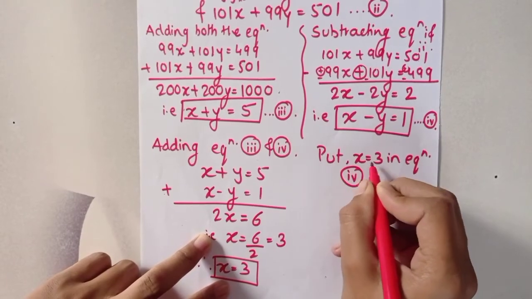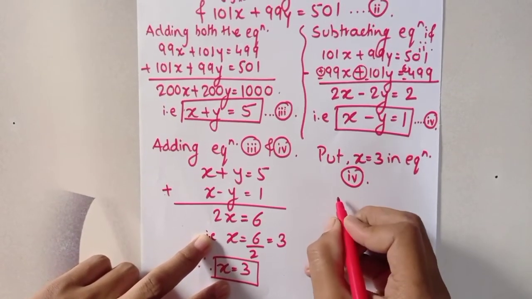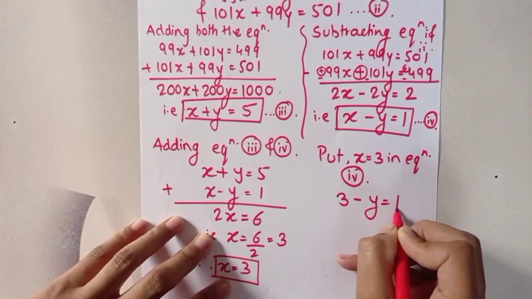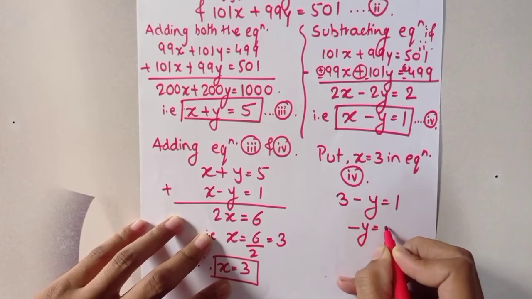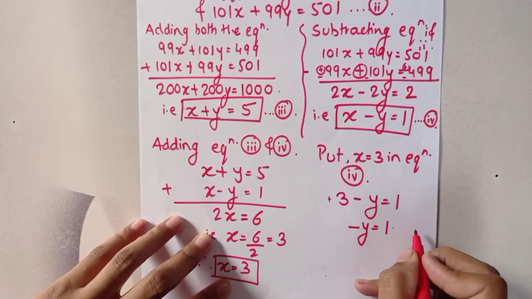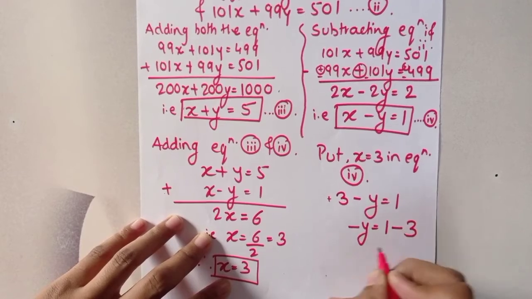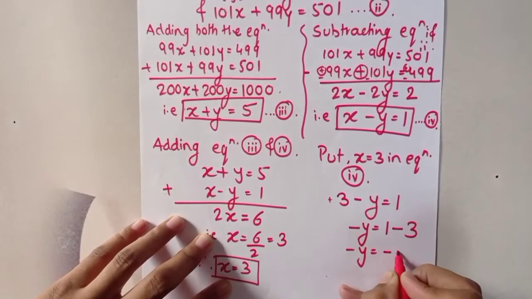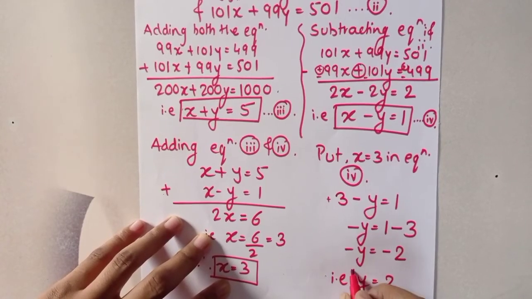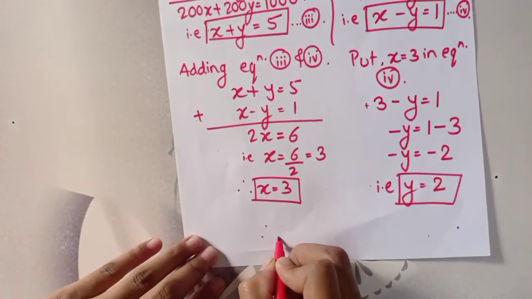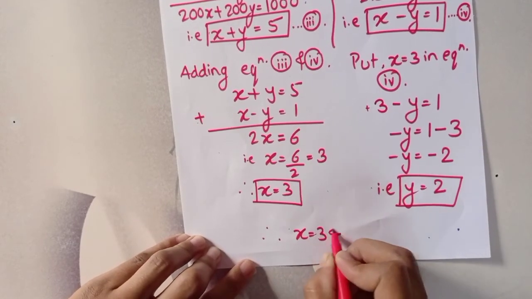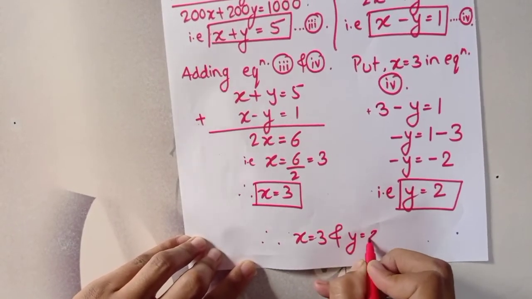Putting x is equal to 3 in equation 4, 3 minus y is equal to 1, so minus y is equal to 1 minus 3, which is minus 2, that is y is equal to 2. Therefore the final answer is x is equal to 3 and y is equal to 2.